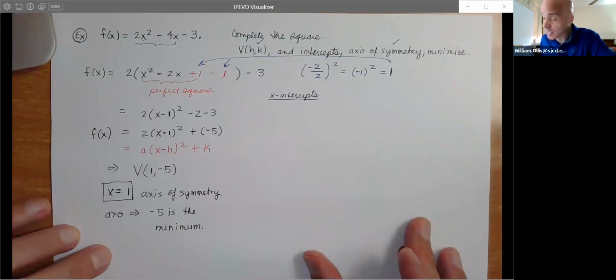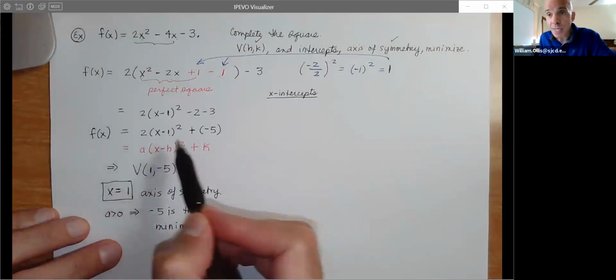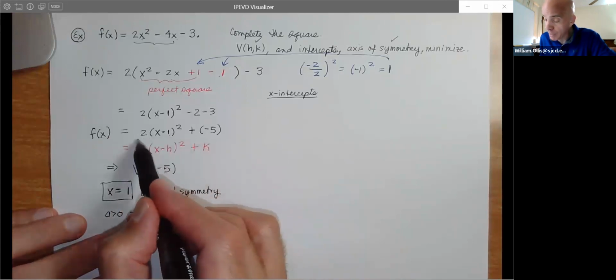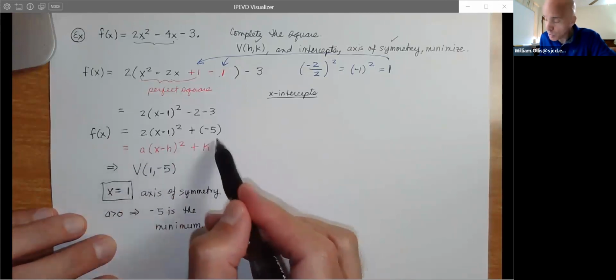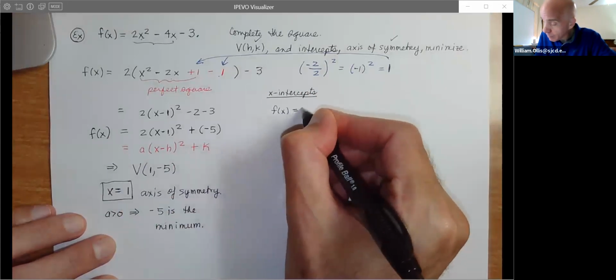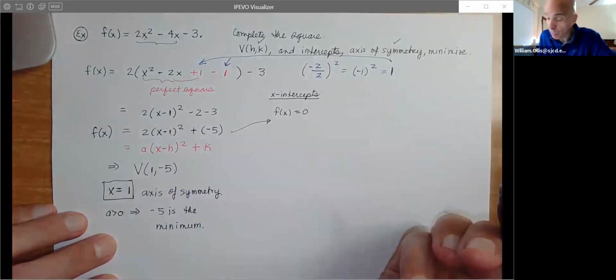Now for the x-intercepts, we're thinking we just need to set f equal to 0. We need to see if it actually crosses the x-axis. So now since we bothered to complete the square here, let's just go ahead and use this. So this just says f of x equals 0. So let's just use the completed square form. We did all the work.